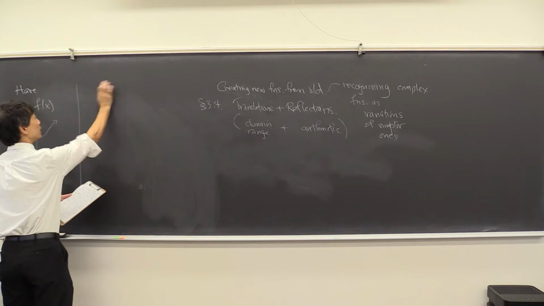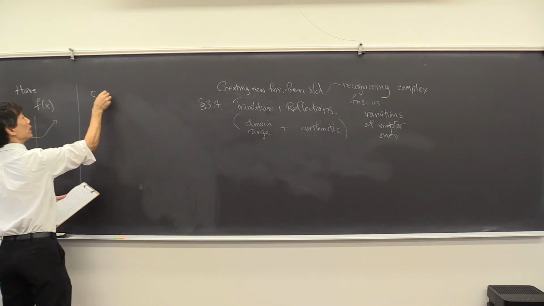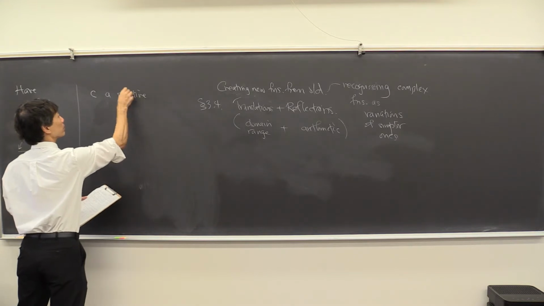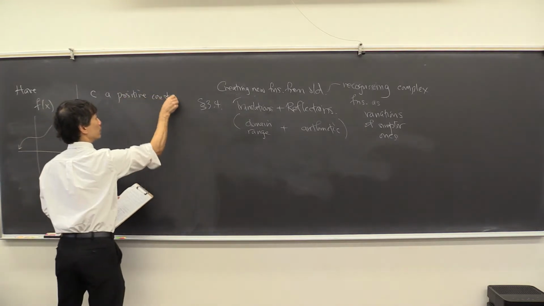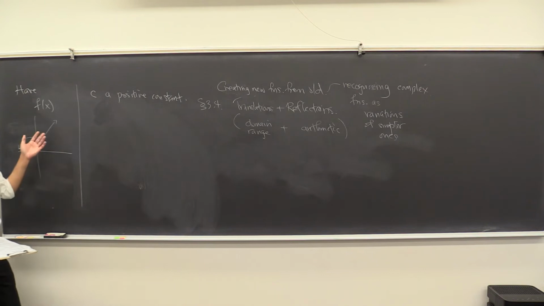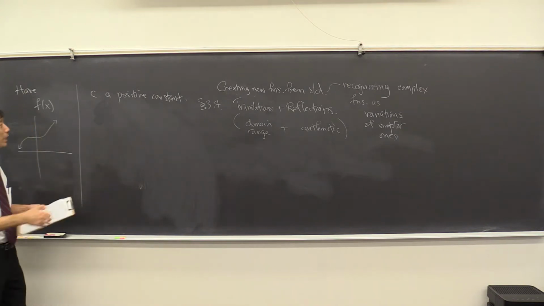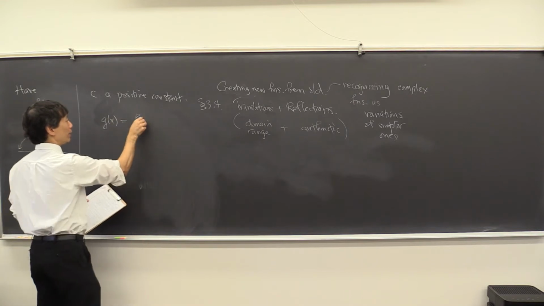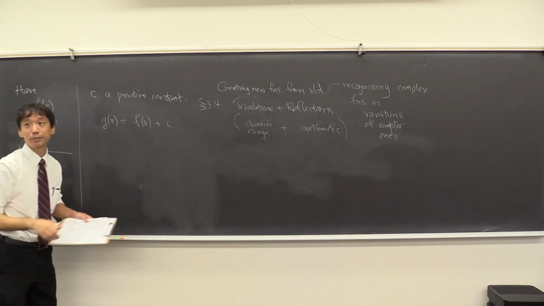So I'm going to create a new function. I have a constant, c, some positive constant. And we're going to create a new function g by taking our old function and adding that constant to it.